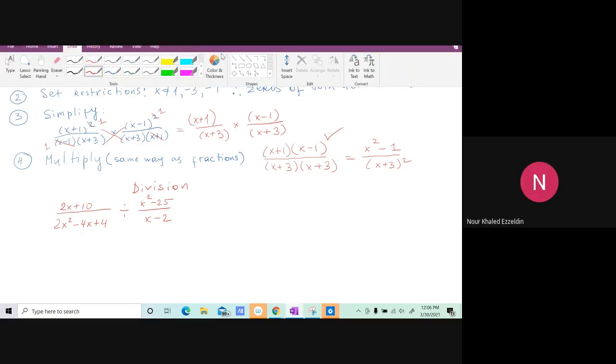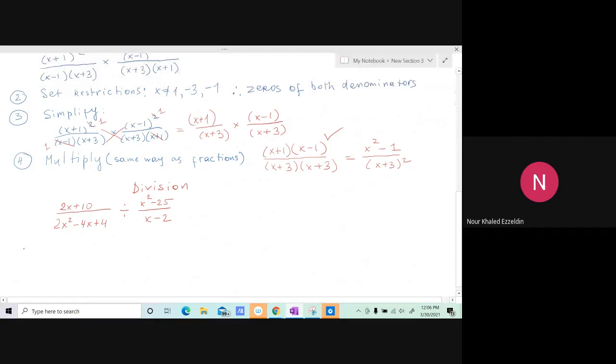You replace the division with multiplication. No, factoring. The first and the second step will always be the same. Selim, can you factor the numerator of the first rational expression?